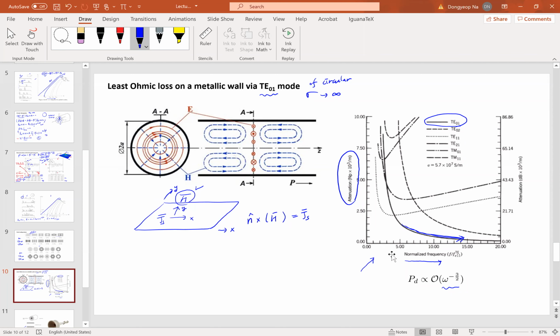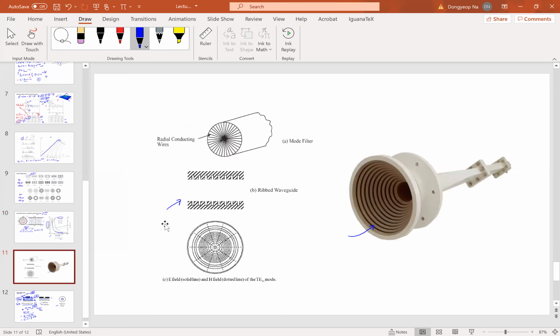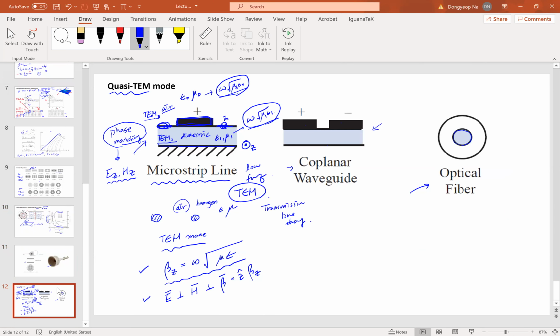You can see in this figure, as frequency increases, the loss is lowest among all the other modes. And also there is another strategy to reduce this loss by using corrugations used in horn antenna. And also we have talked about the Quasi-TEM mode. Actually, this microstrip line consists of two metallic structures insulated by this dielectric material, but above there's air.